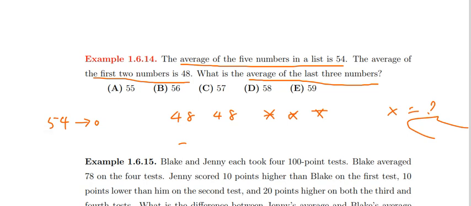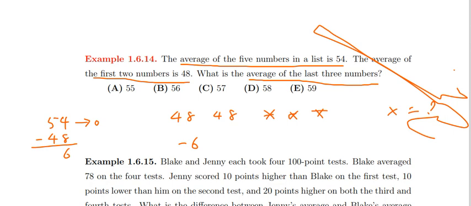If we set 54 as 0, then 48 becomes negative 6, right? 54 minus 48 is 6, so negative 6.